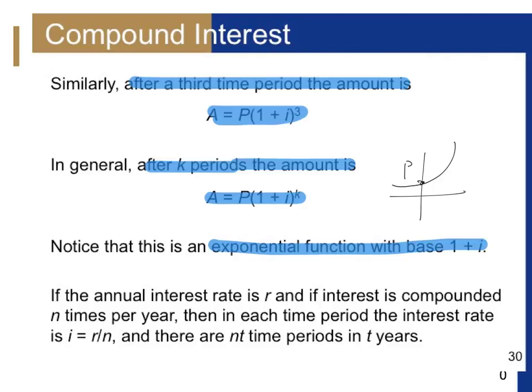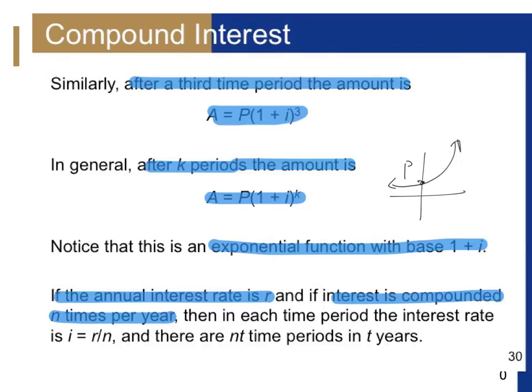We're going to start at P. That's what that multiplier P means. Because when K is 0, we have 1 plus I to the 0 is 1, and we just start with P.